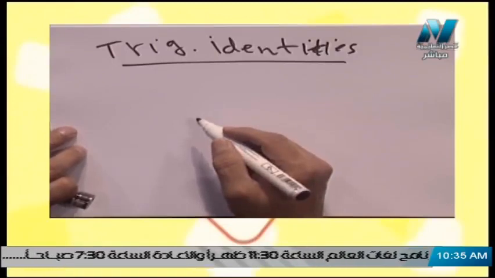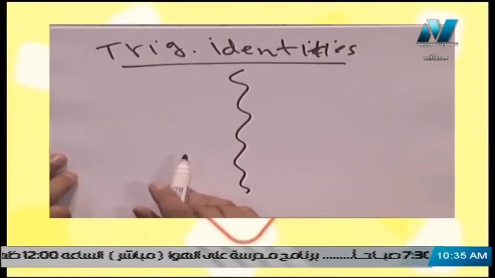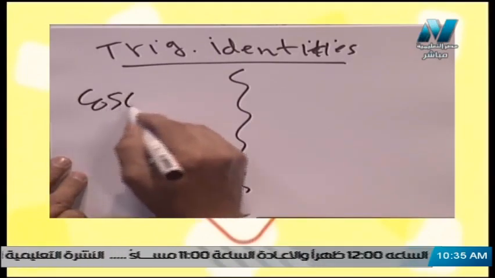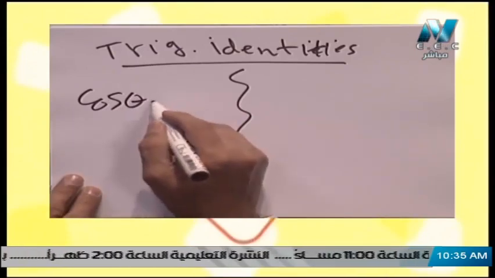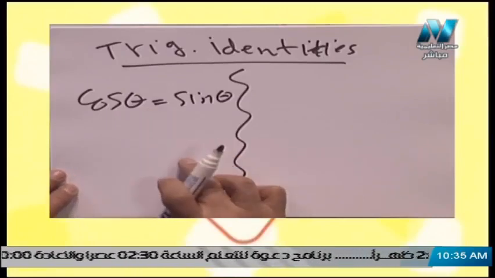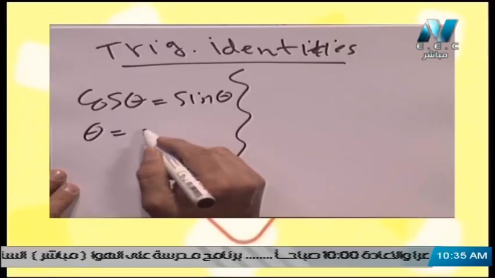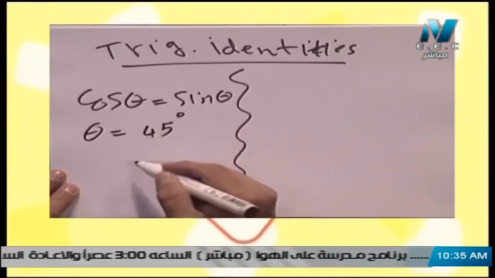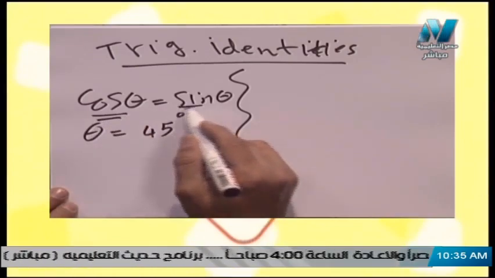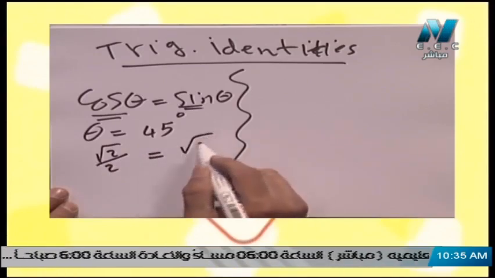What's the difference between equation and identity? We have said before that cosine theta equals sine theta in specific cases. If theta equals 45 degrees, then cosine theta is the same as sine theta, root 2 over 2, and this one also equals root 2 over 2.